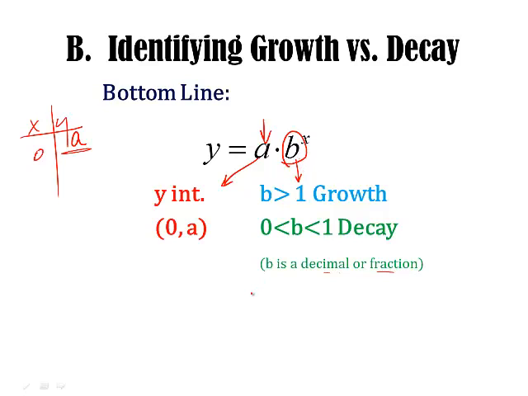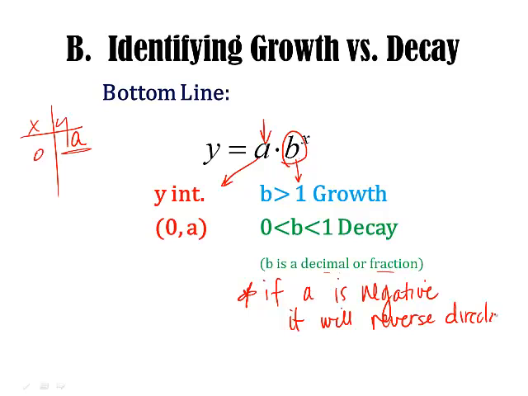Now the only exception to the rule is if a is negative, it will reverse the direction. Meaning like if I have y equals negative 2 times 1/4 to the x power, this 1/4 would make you think, hey, that's a decay problem because it's less than 1.